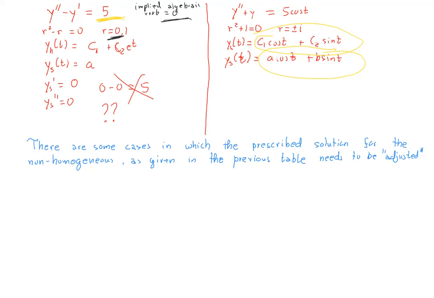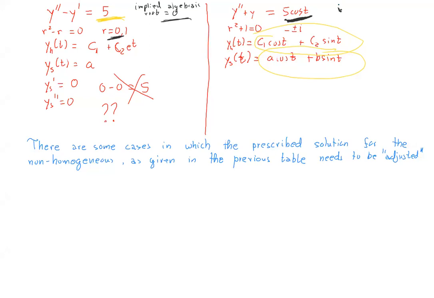Go to the next example. What would have been the solution that would have given you a cosine t? So what kind of solution of the auxiliary equation would have implied that you need cosine t? And the answer is i or negative i. You can take either one.